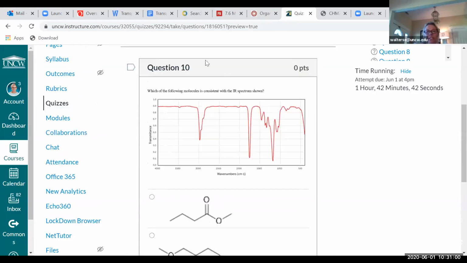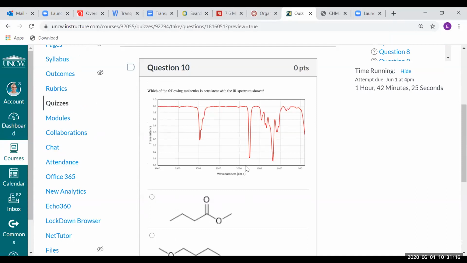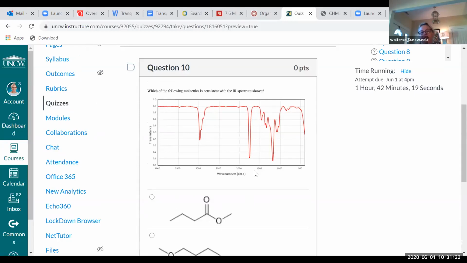Well, it would be in the double bond region, it's just small. It's somewhere between like 1600 and 1850. So it's going to be right in here. It's just not going to be as deep. You shouldn't say this is clearly 1750, and therefore all carbons double bonded to oxygens will be at 1750. That's not how it works.